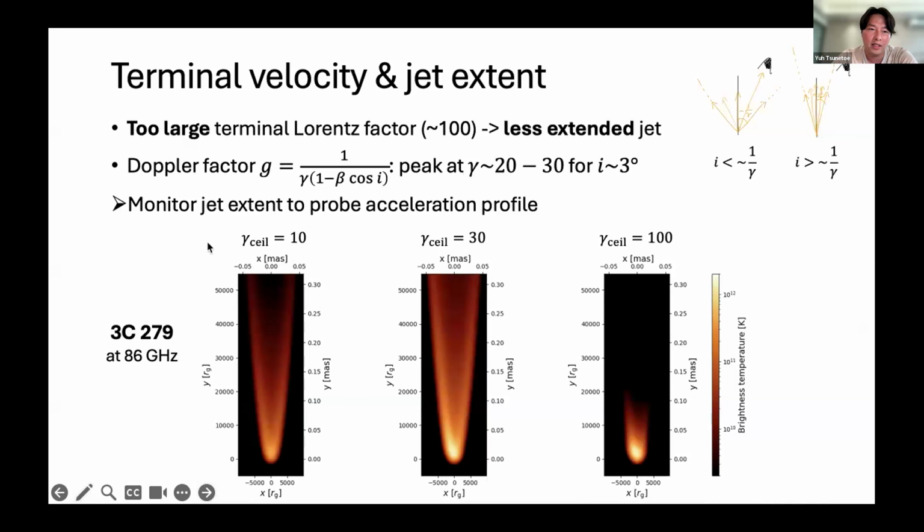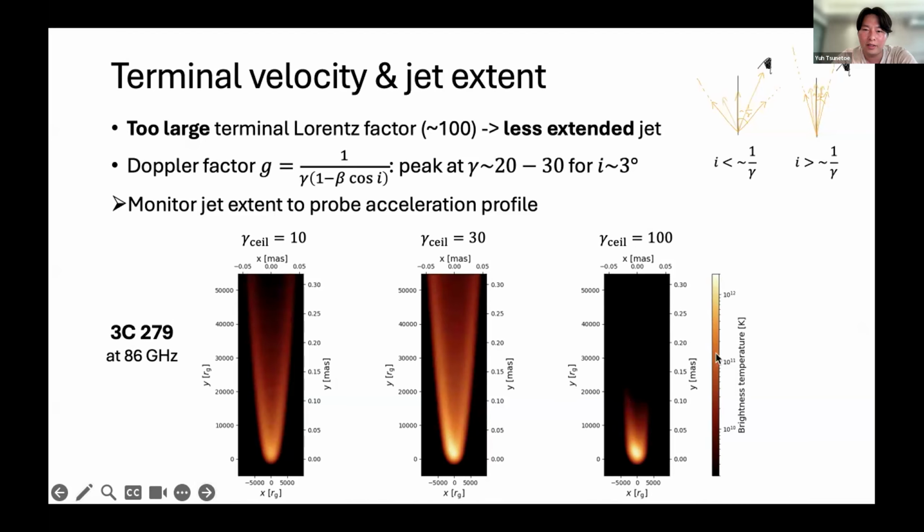Here we set the terminal value to 10, 30, and 100. And one important result is that if the terminal Lorentz factor is too high, like 100, the jet becomes less extended compared to the lower terminal value, as seen in the right panel.